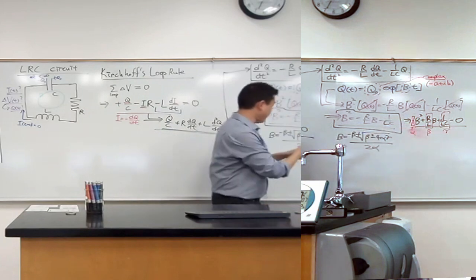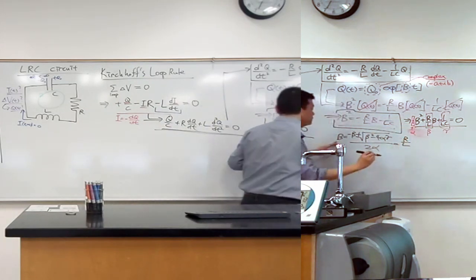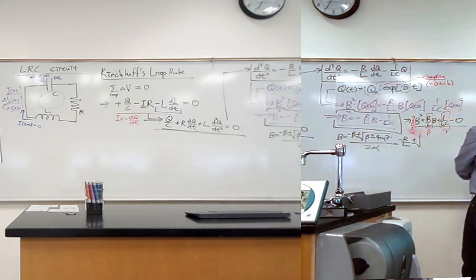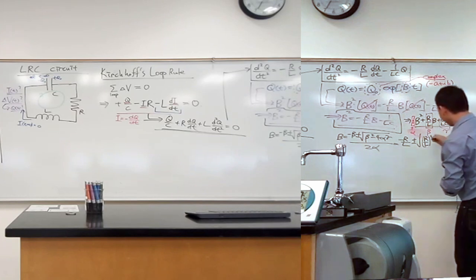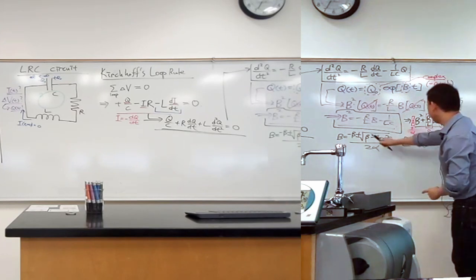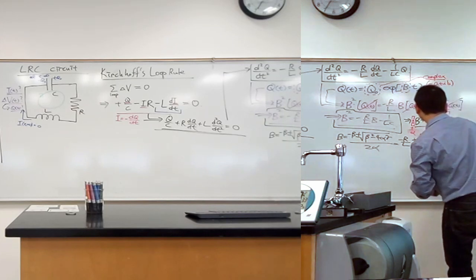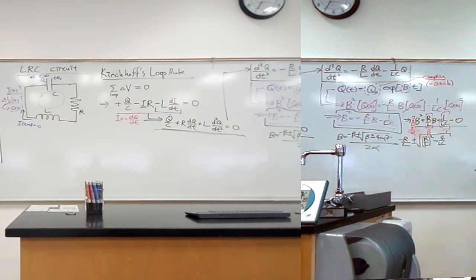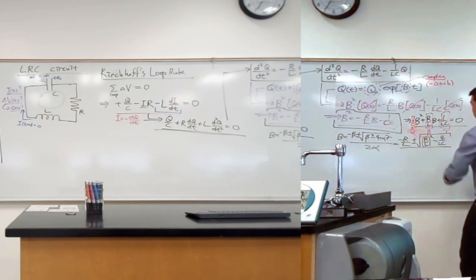Beta is r over L. So this b is equal to minus r over L, plus or minus square root of r over L squared, minus 4 times 1 times this, so minus 4 over LC, square rooted. The whole thing divided by 2 times 1, so divide by 2.